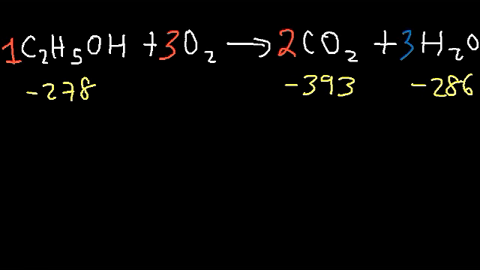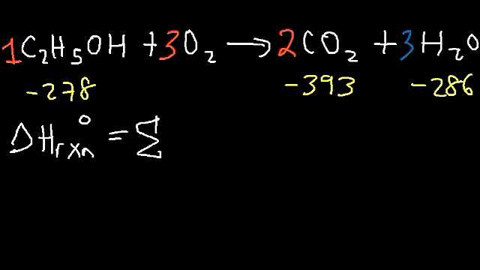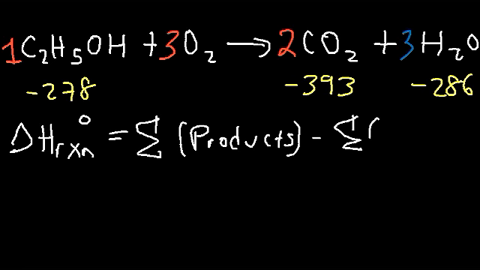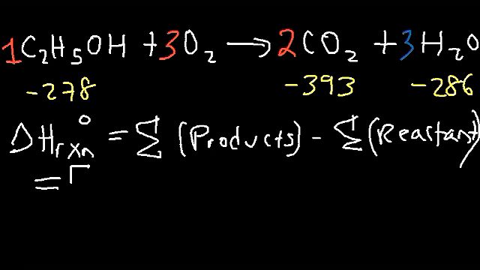In order to do that, the enthalpy change of the entire reaction is the sum of the enthalpy change of formation for the products minus the sum of the enthalpy change of formation for the reactants. The products is everything on the right side.